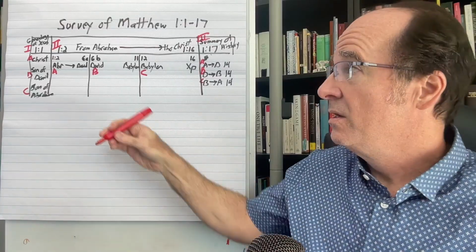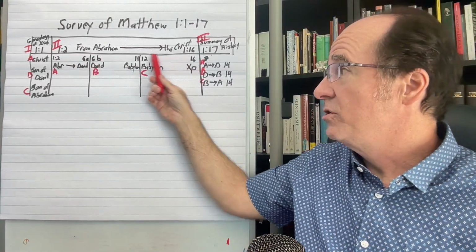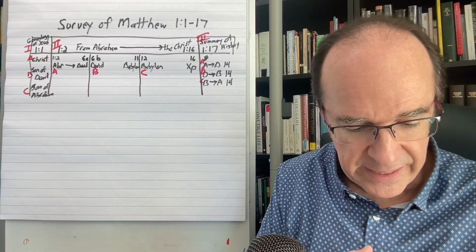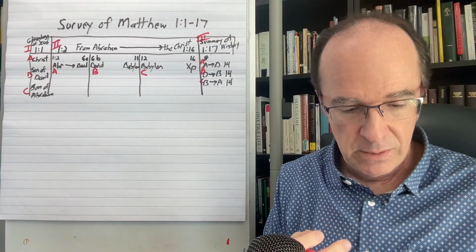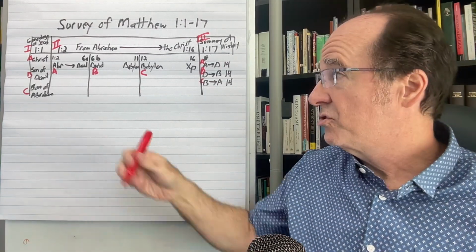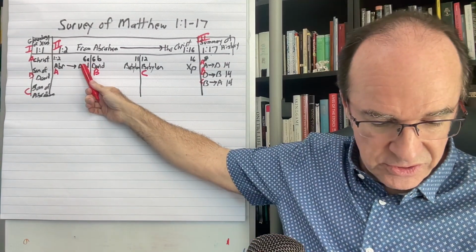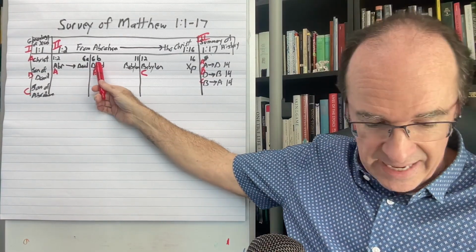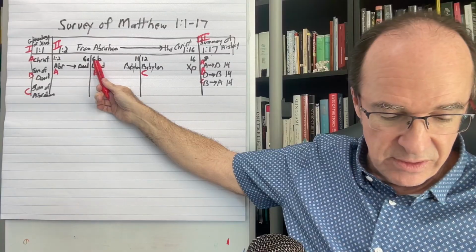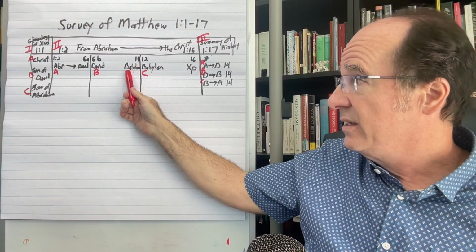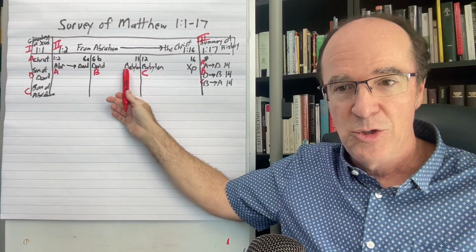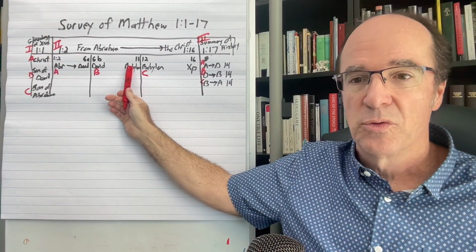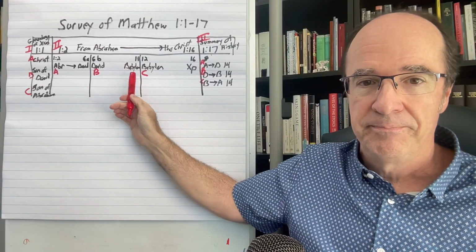The larger genealogy itself starts at verse 1-2, where we begin with Abraham, and it goes to David in verse 6a, and then we have the second section, David, to the only non-human that shows up in the genealogy, the deportation or the exile to Babylon.